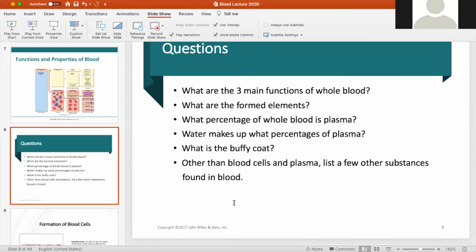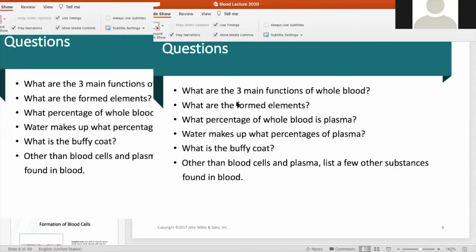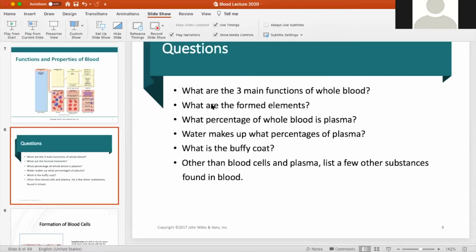I have three that didn't answer yet. Okay, so the answer to this question is thrombocytes. So thrombocytes are also known as platelets, right? And I lied, I think there's one more.